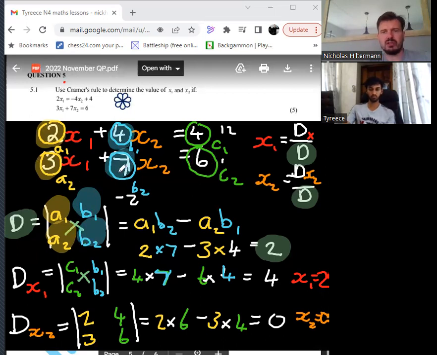And what we do is we cross multiply. If I skip this whole thing, all I'm saying is 2 times 7 minus 3 times 4. And that's it. That's how we get the thing that goes at the bottom. So I've written up this whole thing in colors for you to go over one example like in your exam and go through slowly. Then it should be quicker as you do it each time.